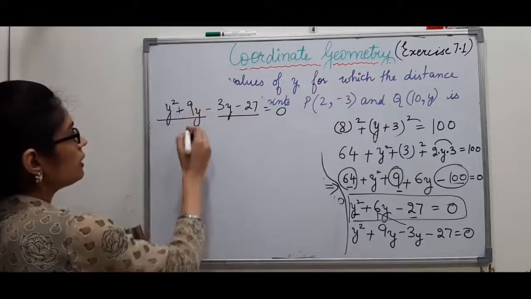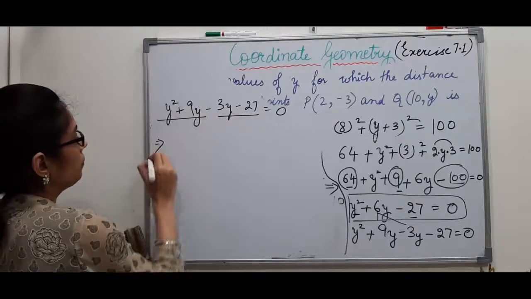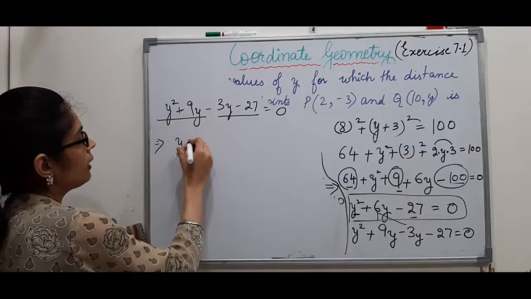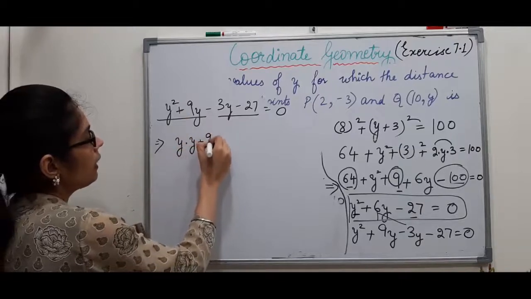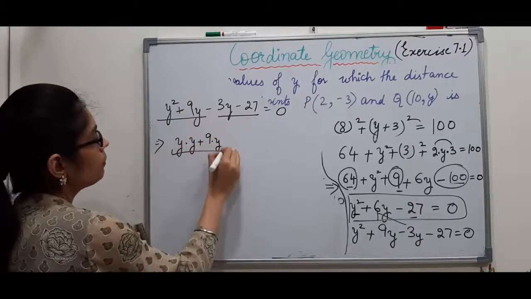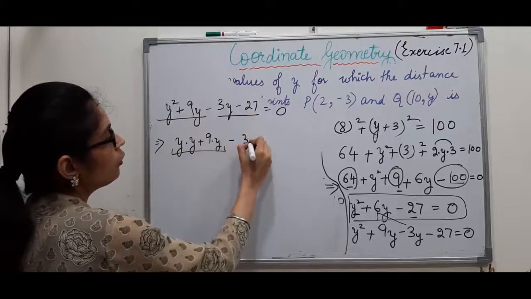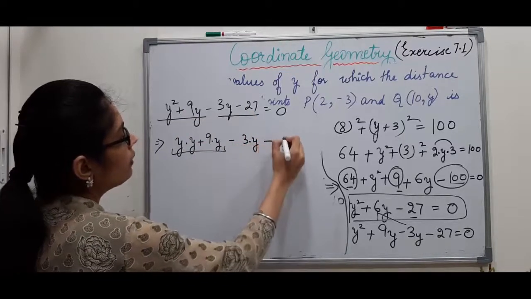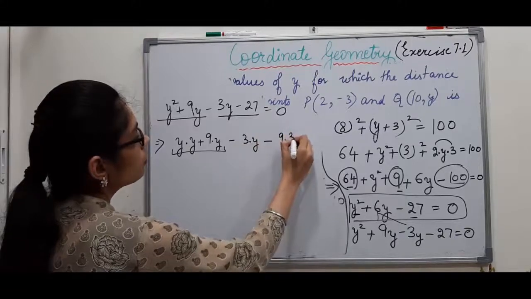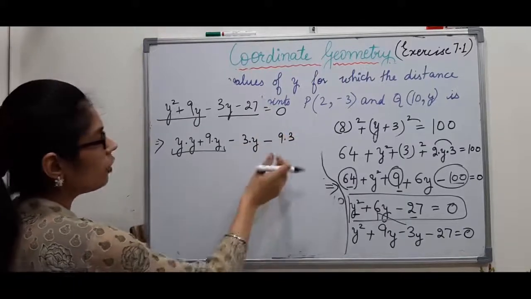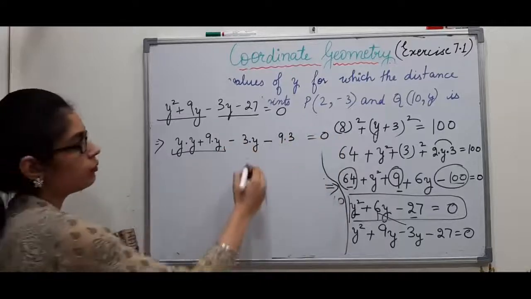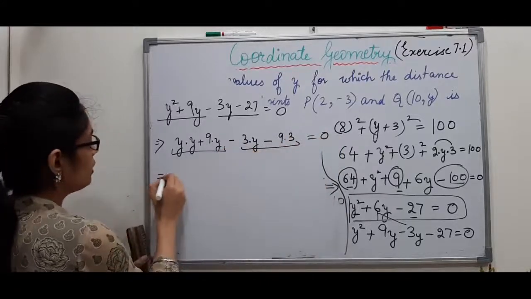So here you can see I'll write in a simpler form. y square I can write y into y, plus 9 into y I can write, this is my one pair, minus 3 into y I can write, and 27 I can write 9 into 3. Because I have to take out the common numbers, that's why I am writing in this simpler form, so that you can easily do it.